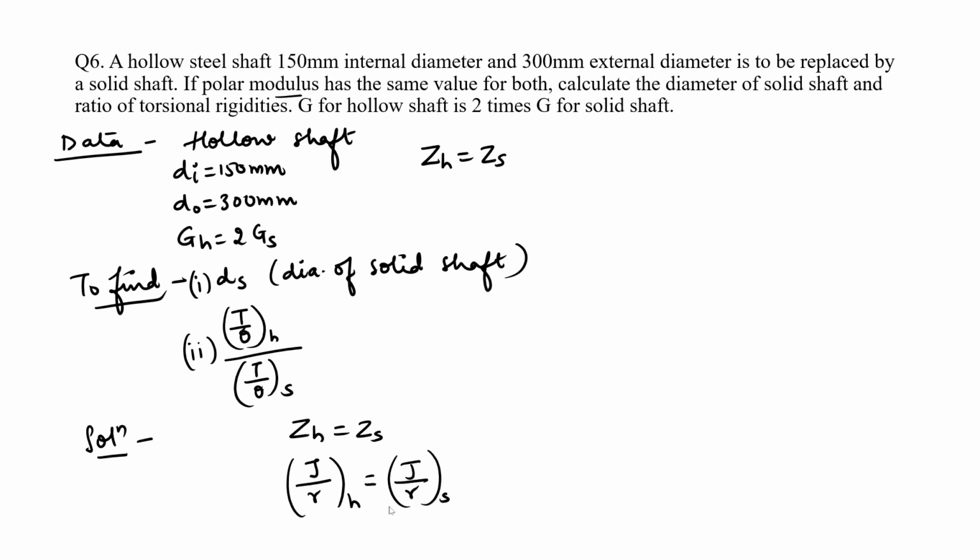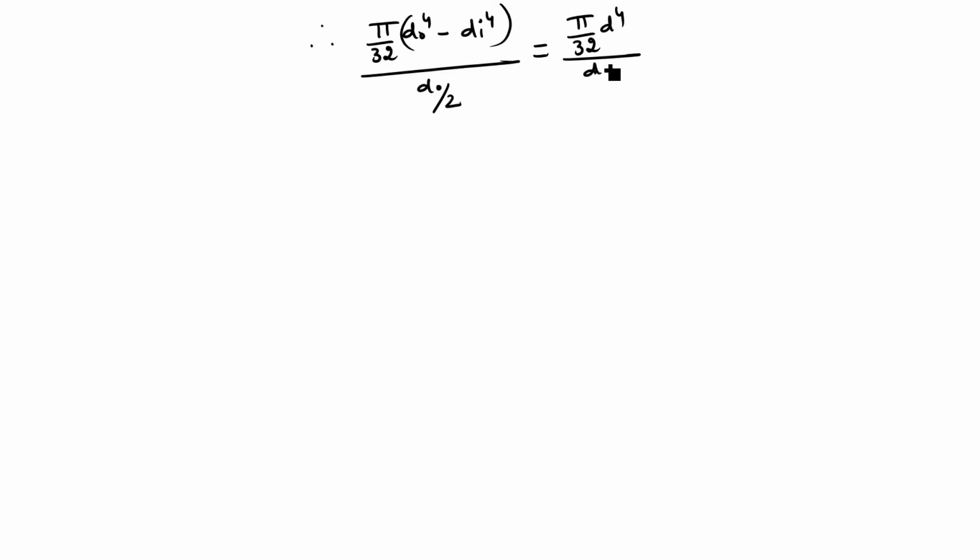So let's substitute for these two and see what do I get the diameter of the solid shaft as. So let's use this as given. Therefore, we are talking about hollow, so it will be pi by 32 d outer raised to 4 minus d inner raised to 4 upon r is do by 2 is equal to pi by 32 d raised to 4 upon d by 2. Let's substitute.